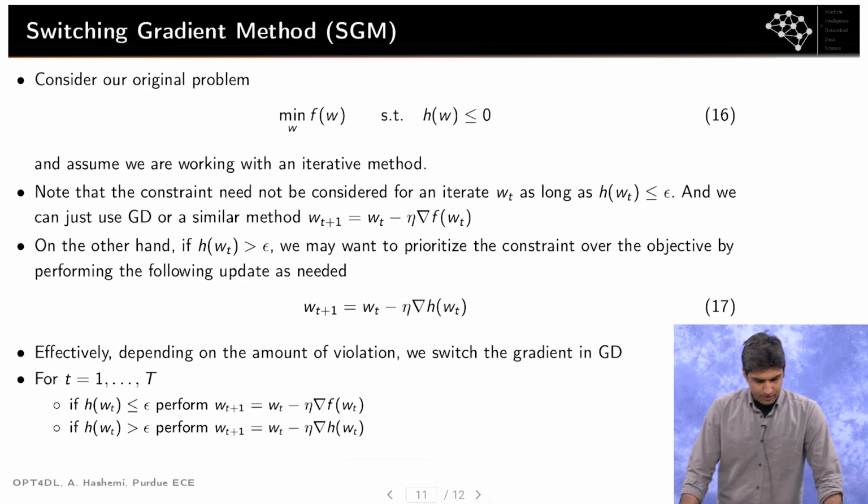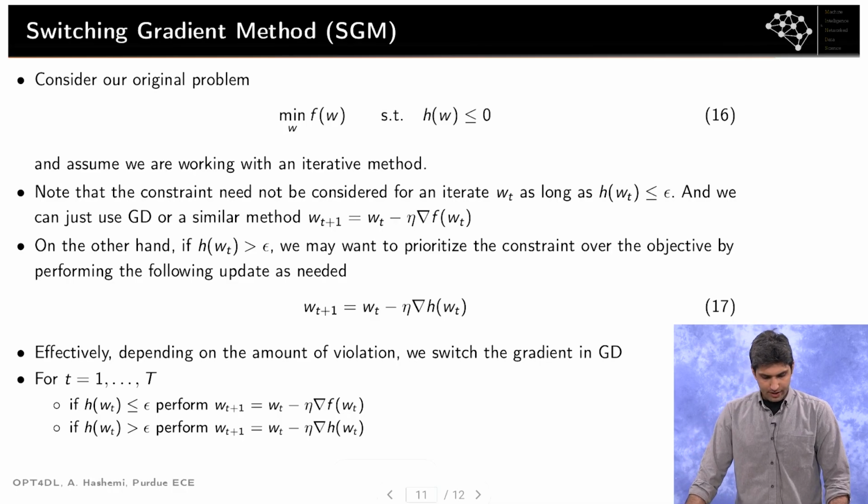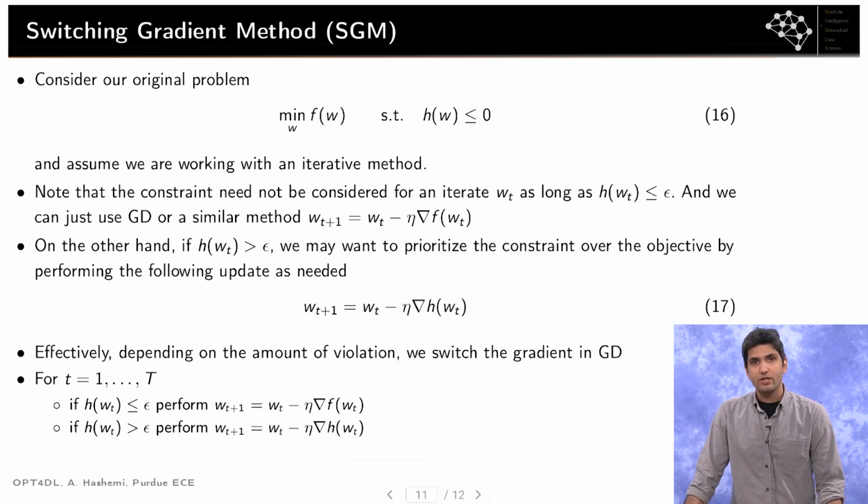Okay. There is actually a very elegant idea that goes back to Boris Polyak in the 1960s that relies on updating only the original model parameter, and it doesn't do anything with the dual variable or the Lagrange multiplier.